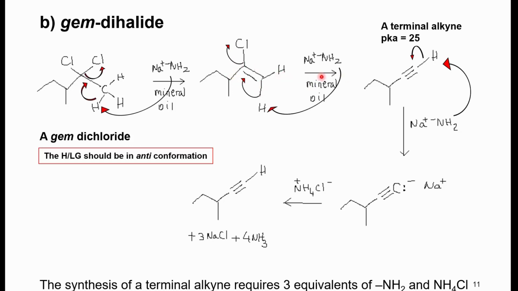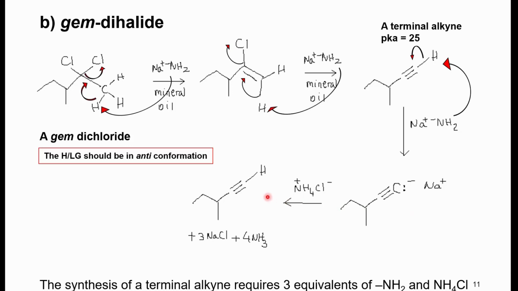By adding the third equivalent of sodium amide, what this does is it increases the likelihood of the vinylic proton being deprotonated in the alkene product. And yes, it will also cause the alkynide proton to be deprotonated as well. And the final step then is to use a mild acid which just protonates this all at the end.